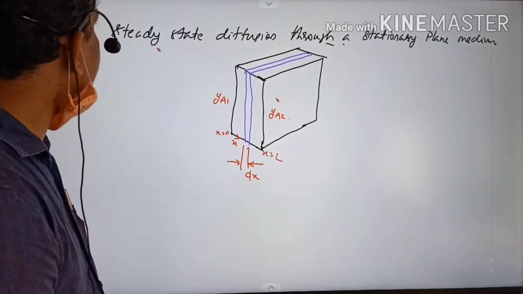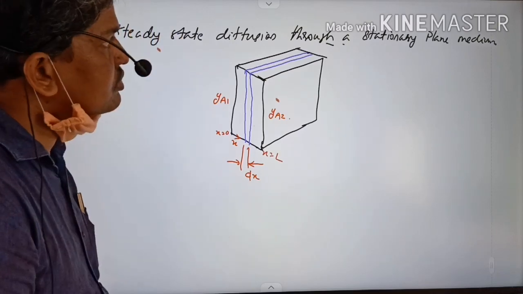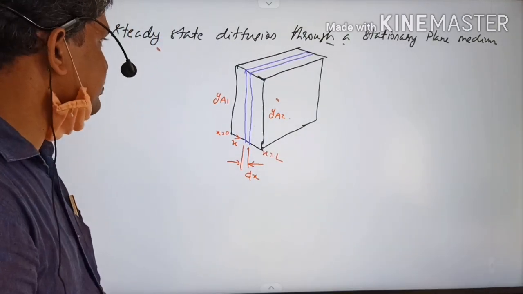Now we will study the steady state diffusion through a stationary plane medium.